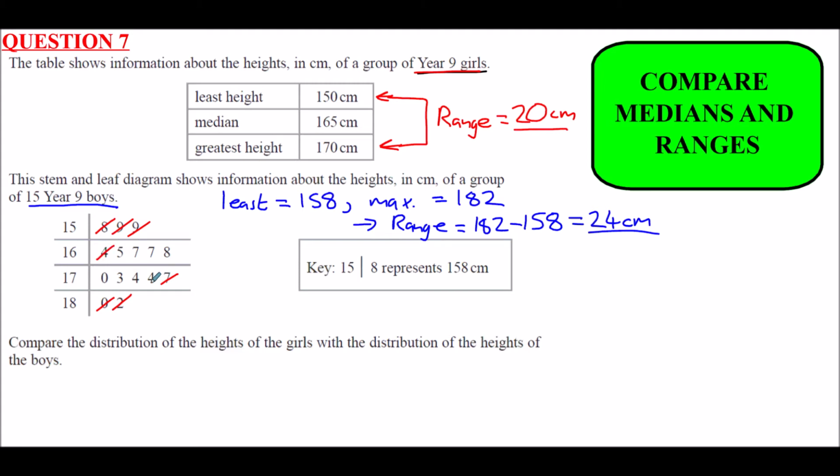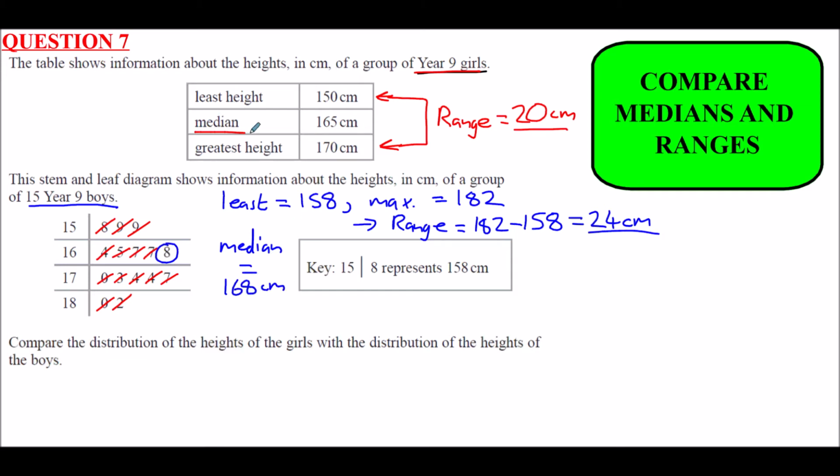Cross one off, cross one off, cross one off, cross one off, cross one off, cross one off, and finally cross this one, cross that one. The only thing we've got left is this 168. So therefore, the median is 168 centimetres for the boys.